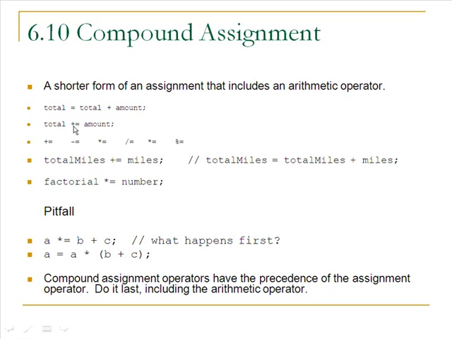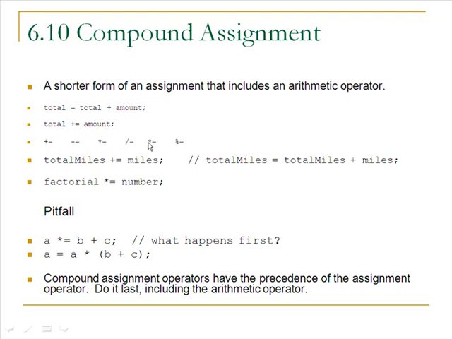So now we have a new operator. We're going to read this plus gets, and we can say total plus gets amount. That means take amount and put it into the total, add it to what was already there. So you should be using these compound assignment operators when you have the opportunity to do it. On this list of the compound assignment operators, I see that I put multiply gets twice.